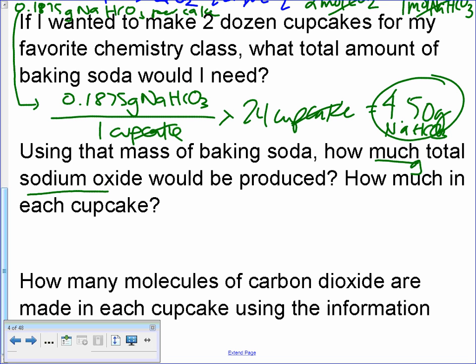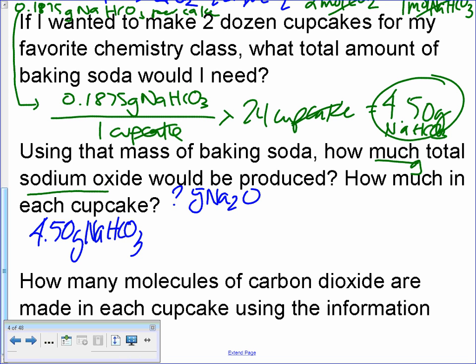Grams would it be produced? Okay, so what's our given? Sodium bicarbonate, okay? And my question? What's my real question? Grams of what? So question, sodium oxide.